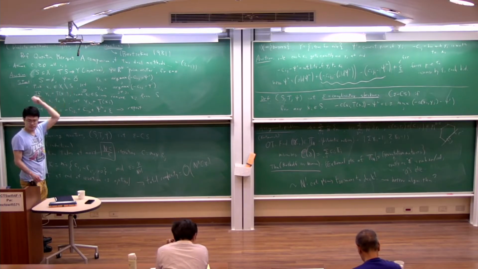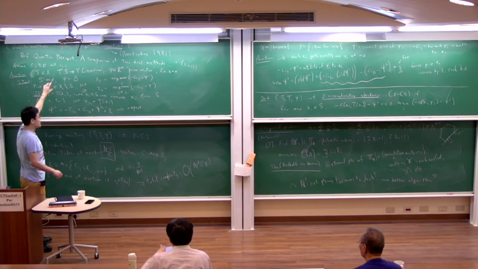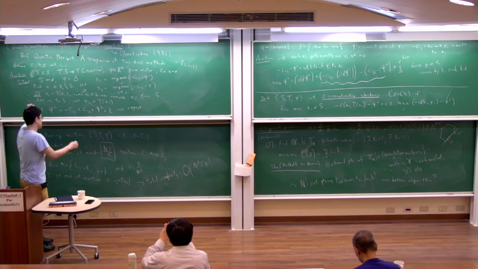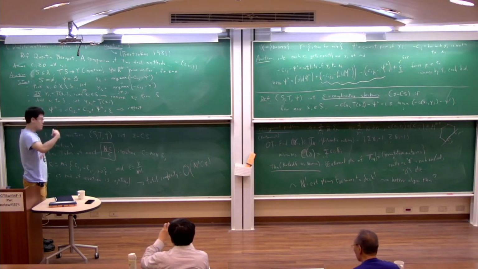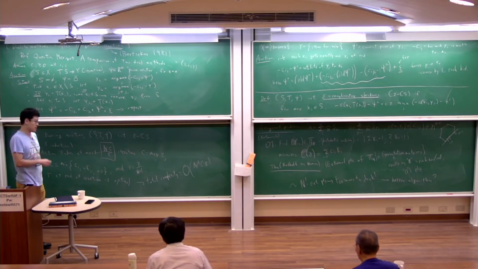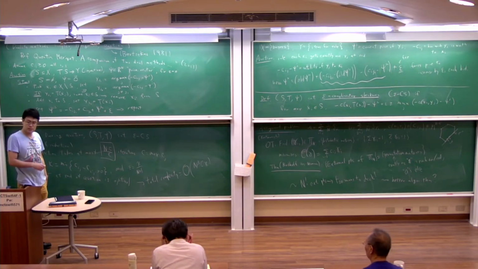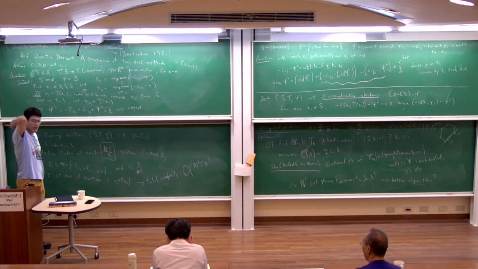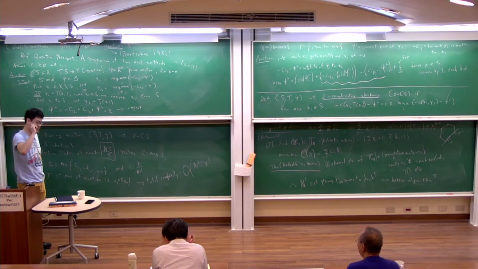That means the price is still 0, right? And then you can exploit this fact to say that if some item has been bid on more than this many times, then that would give you a contradiction with this epsilon complementary slackness condition. The price would go up too high if you had that many bids.